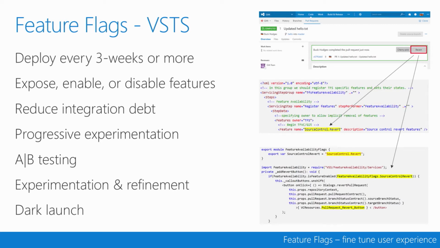For VSTS, we ship features every 3 weeks. So we have 3-week sprints, and every 3 weeks we ship a new release to the cloud. And sometimes we also have multiple bug fixes per day. So we use feature flags quite heavily to manage our 3-week cadence. And we use them, as mentioned again, to expose features or to hide incomplete features or to hide regional features.